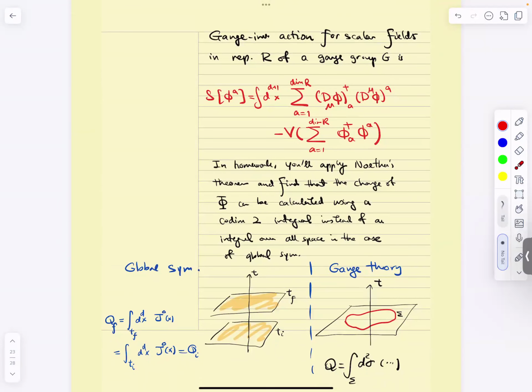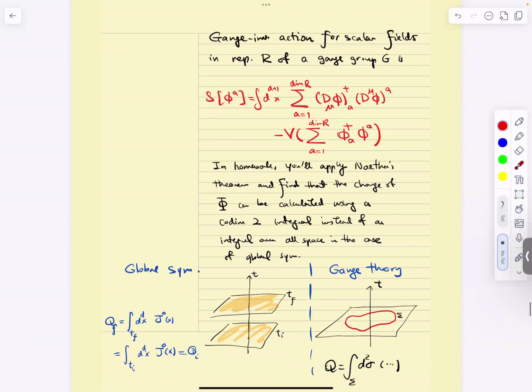It's okay. I'll remember slide 23. Okay. So, to write down a gauge invariant action for a charged scalar field that's in representation R of a gauge group, what would you write? Well, you write the kinetic term this way. How about this?